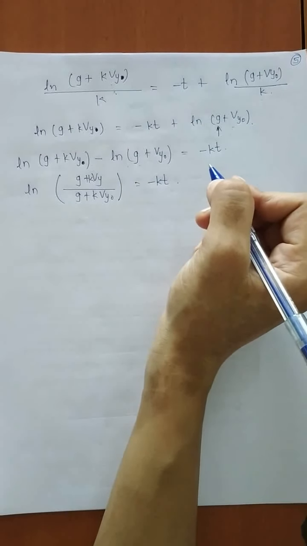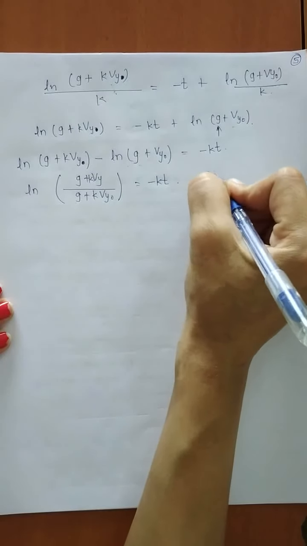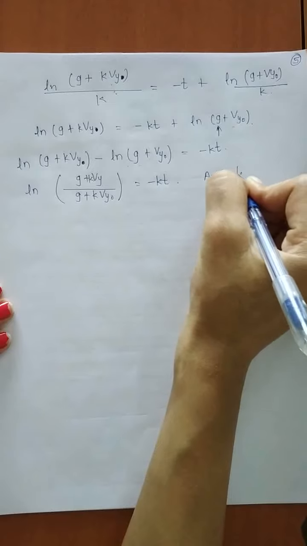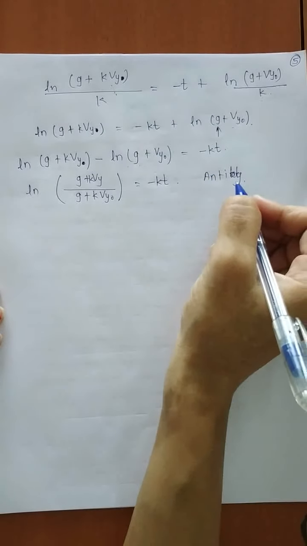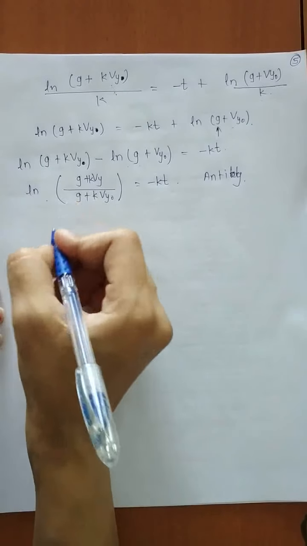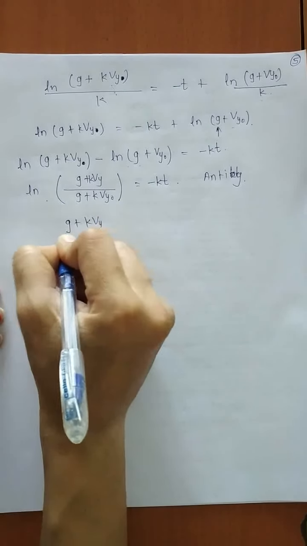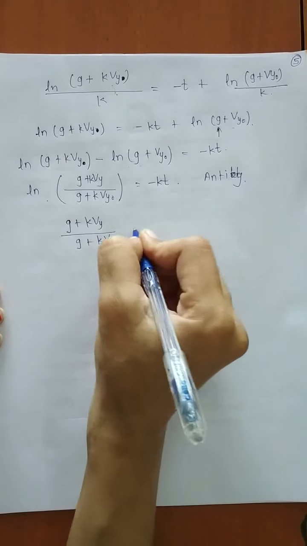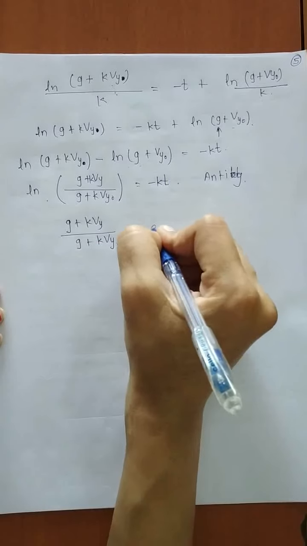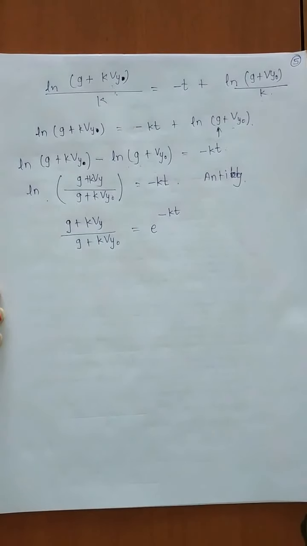Now what is the next step? What did we do for horizontal motion? We take anti-log. Taking anti-log, what will we get? Here log and anti-log will get cancelled. So g plus k vy upon g plus k vy naught will be equal to e raised to minus kt.